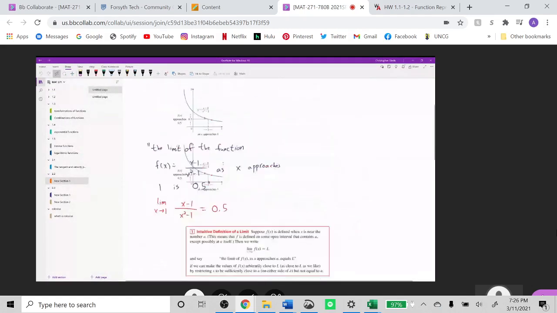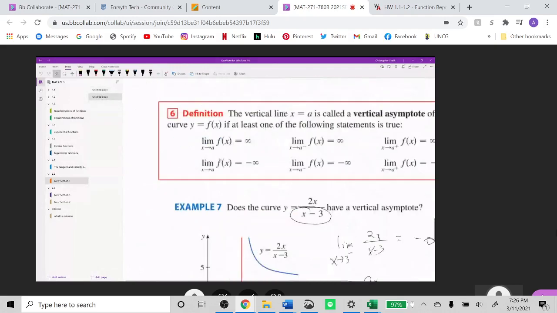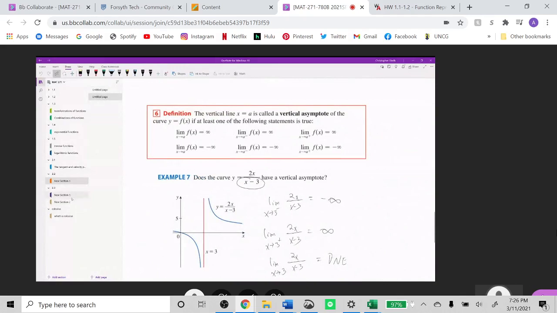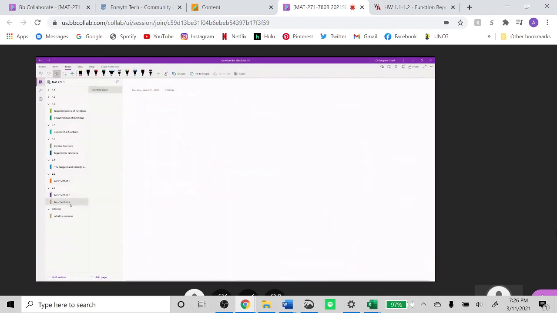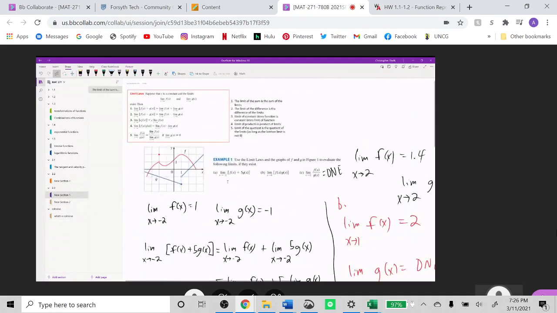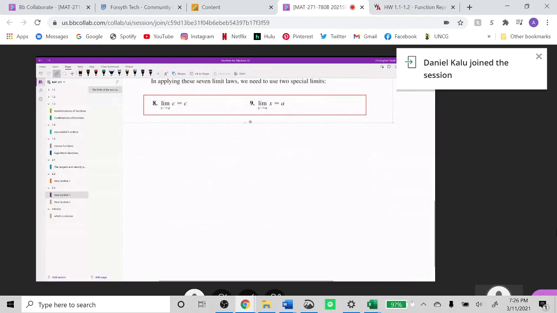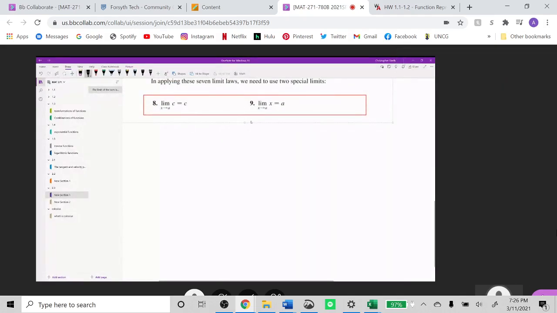It was here, the vertical line x equals a. So this is saying that as the x values of the graph of the line y equals x get close to a, the y values of that graph also get close to a.